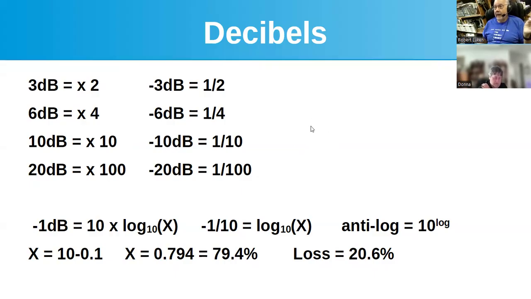So what would I have if I had 16 dB? So you'd have 10 dB is 10, 6 dB is 4, and 3 dB is 2. So you times 2 times 4 times 10?